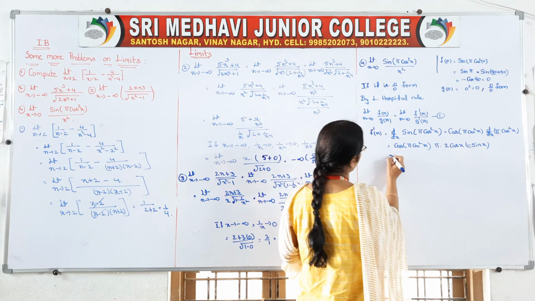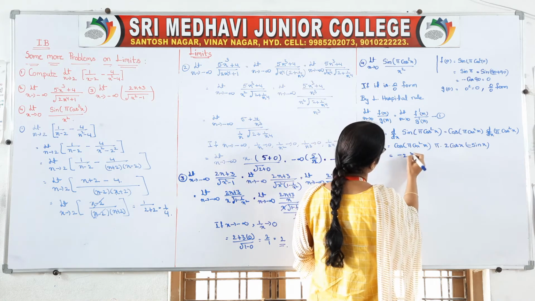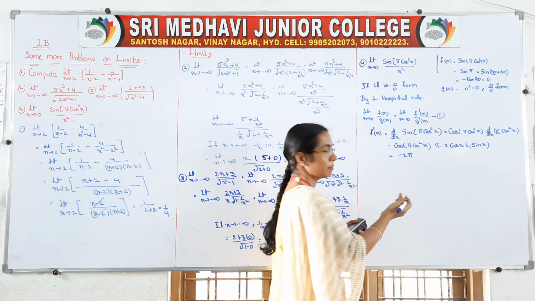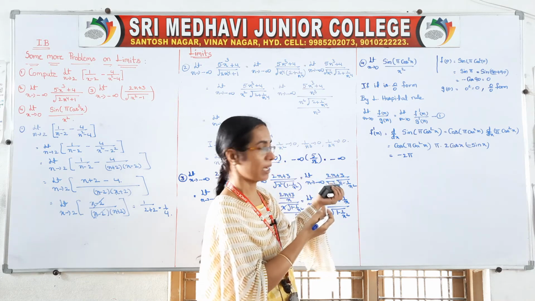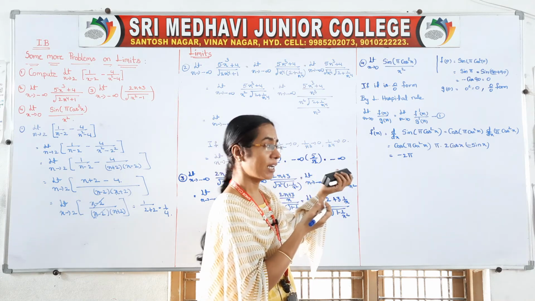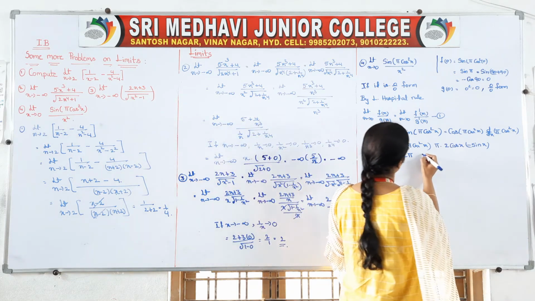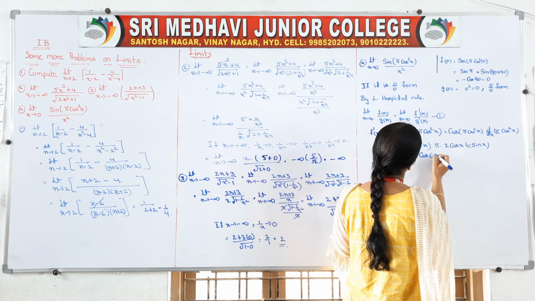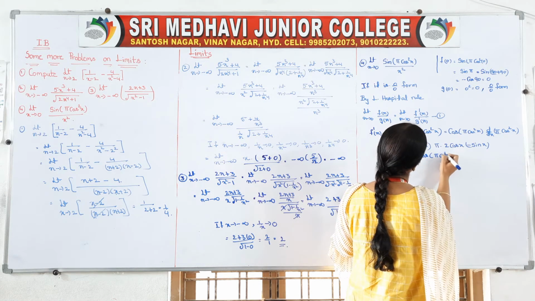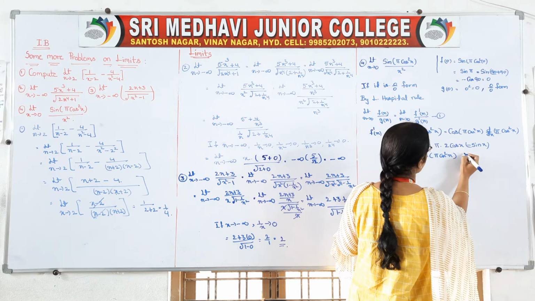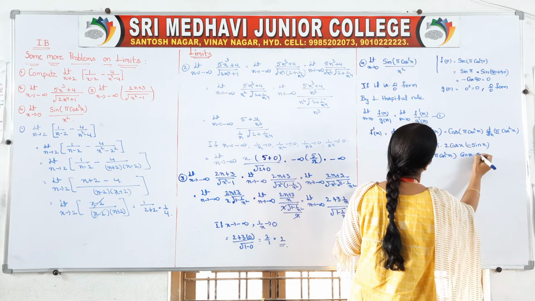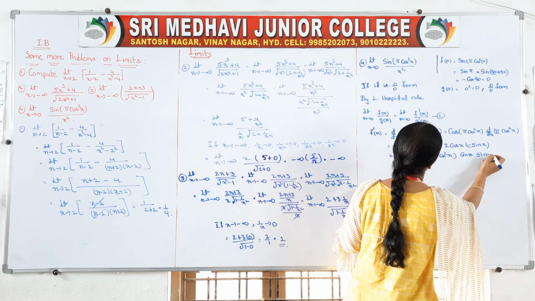So here finally it is minus 2 pi, writing the constants. 2 is a number, pi is a number, right? So we can write outside. Then it is cos of pi cos square x into cos x into sin x.